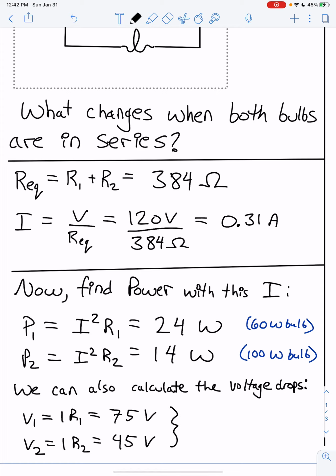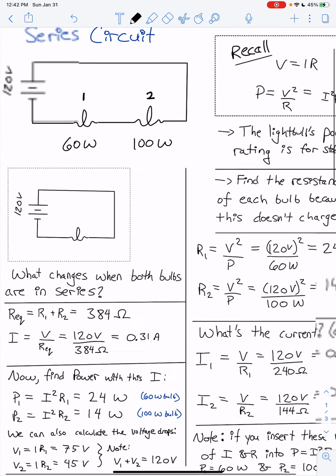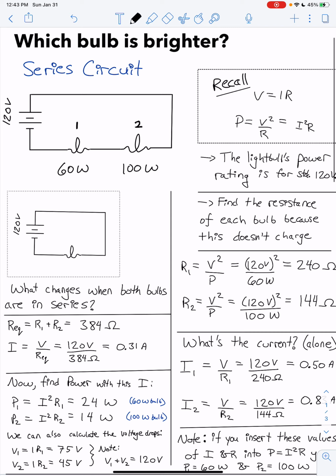And then note here that V1 plus V2 is equal to 120 volts, which we expect because we are going to have a gain of 120 volts from the power supply, and then we drop a total of 120 volts across the two devices. And so that is our analysis of the entire circuit.